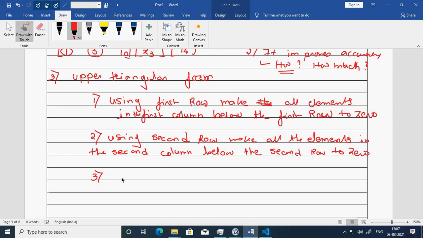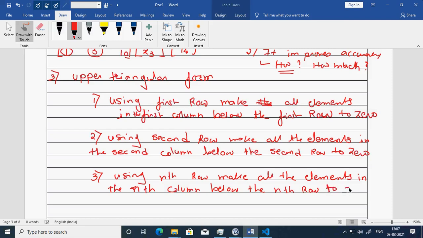In that form, I can write: using nth row, make all the elements in the nth column below the nth row to 0.